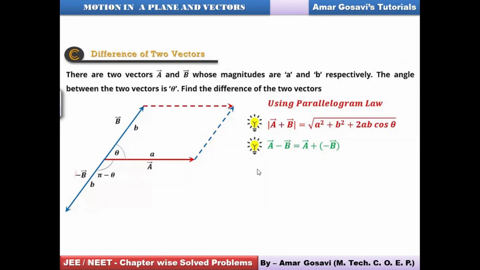Now I can write a bar minus b bar as a bar plus minus b bar. But now what is the angle between the two vectors? Because now I'm not talking about this vector, I'm talking about its opposite vector, which is in this direction. Then what is the angle between the two vectors? Pi minus theta. If this angle is theta, obviously this has to be pi minus theta, friends. Okay, let's move ahead.